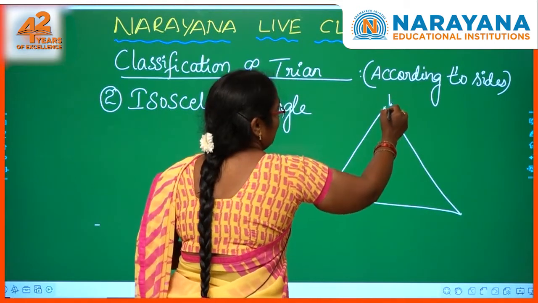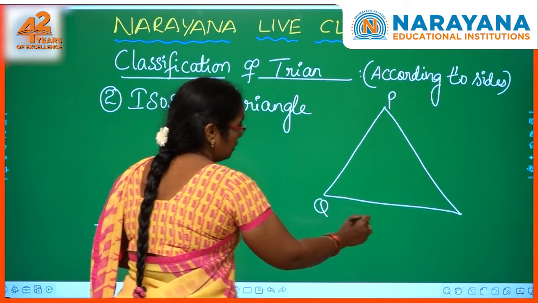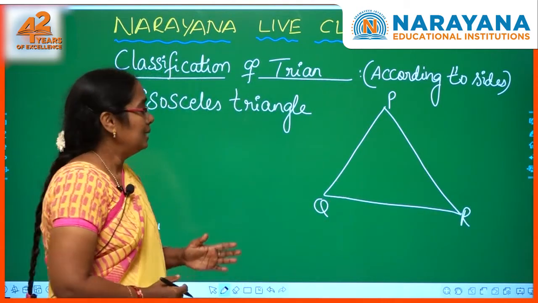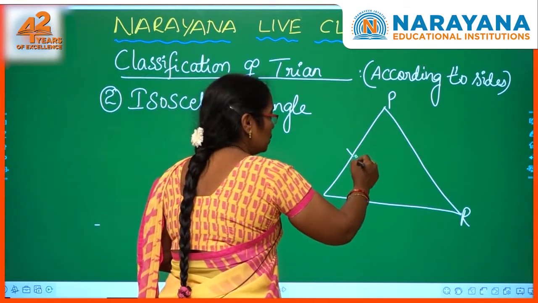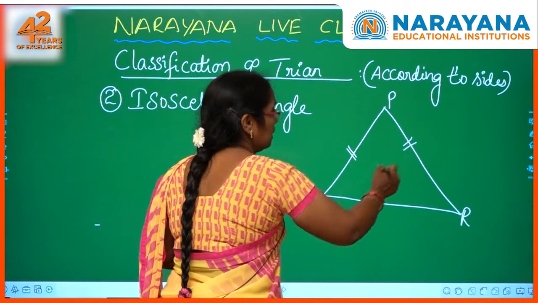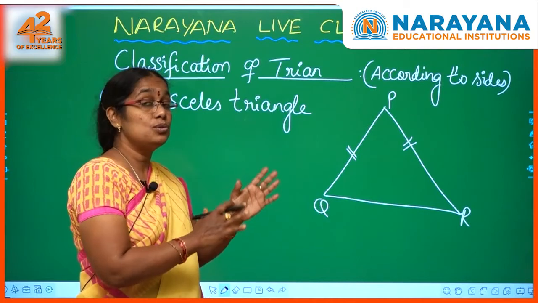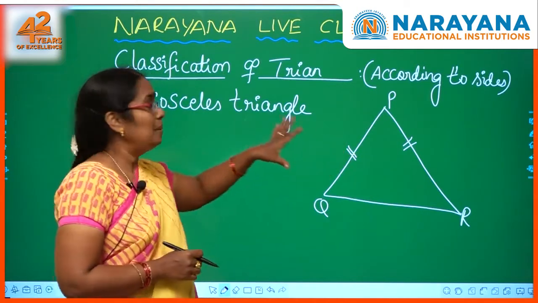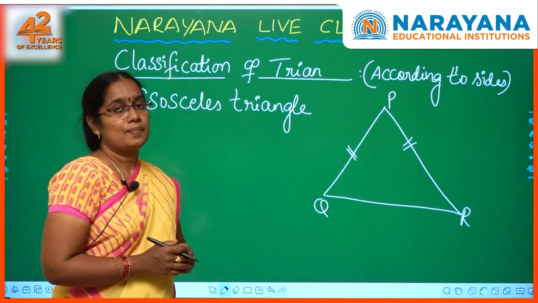Look at this triangle. Let us name the triangle as PQR. PQR is the triangle in which PQ side and PR side, their lengths are the same, means two sides are equal. Then it is said to be an isosceles triangle.